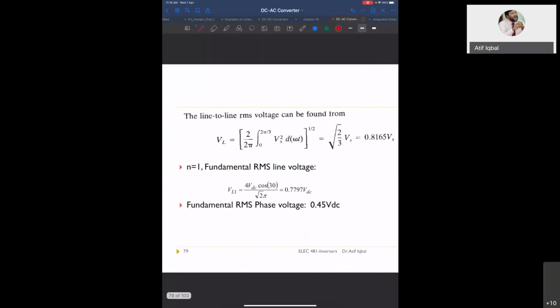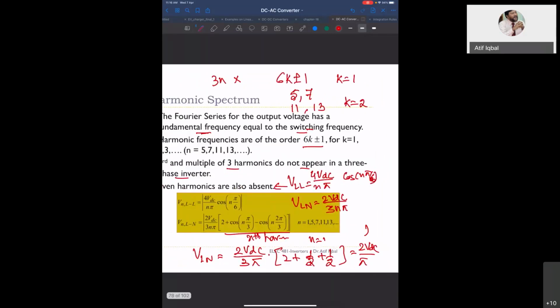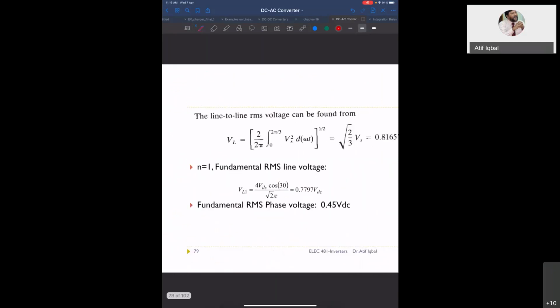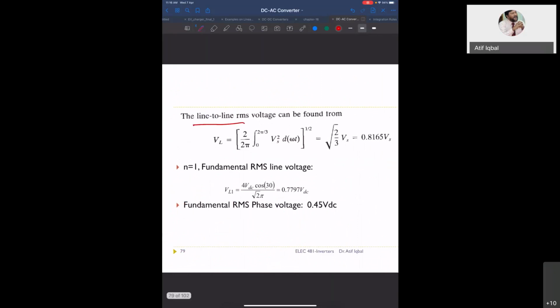This is the peak value. So what is the RMS value? So line to line RMS is given by root 2 by 3 VDC.